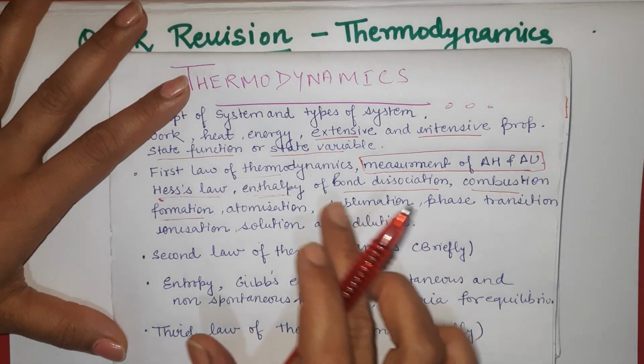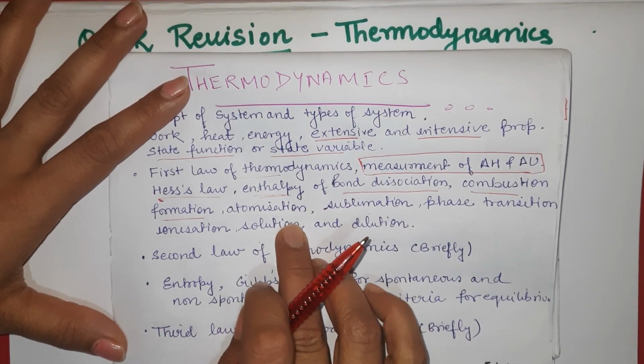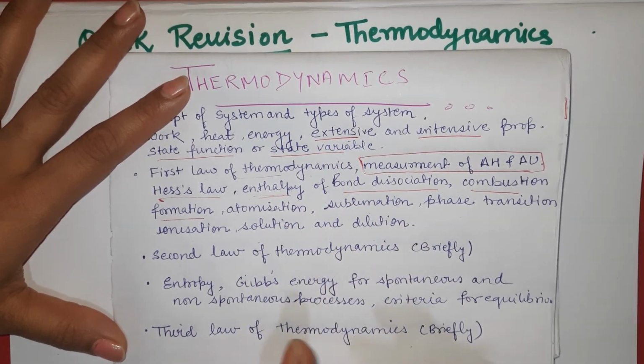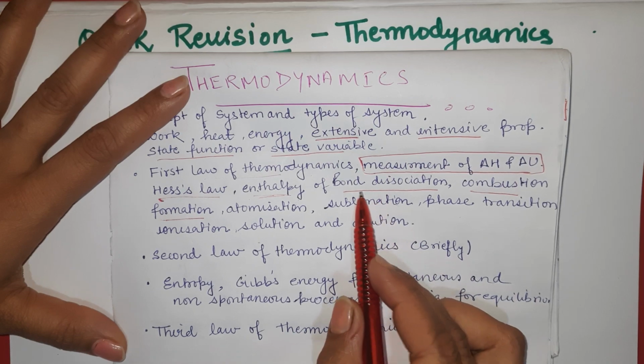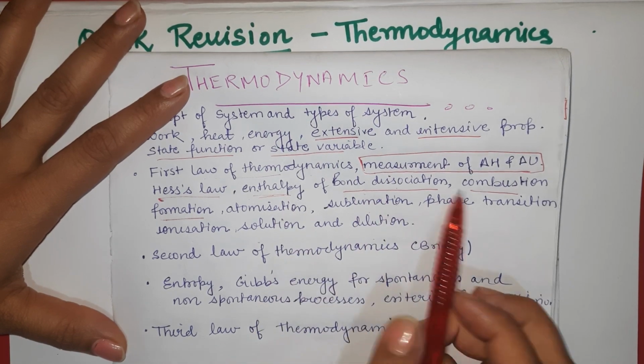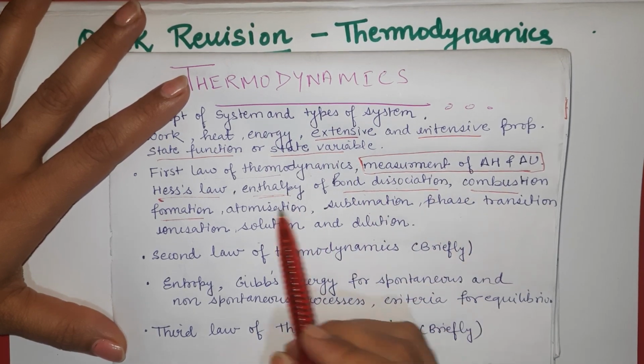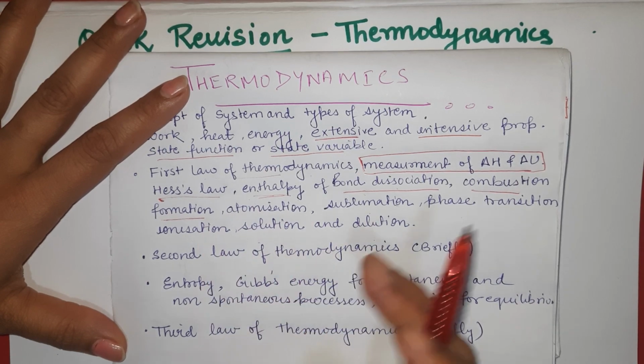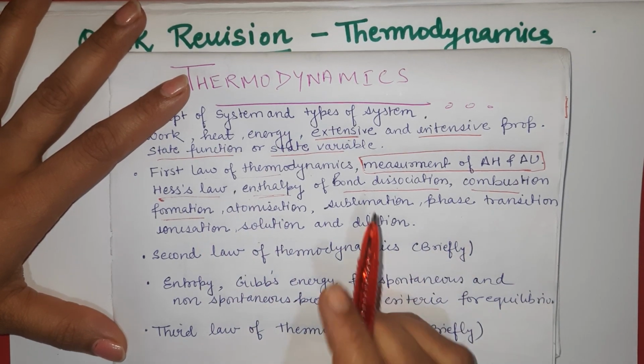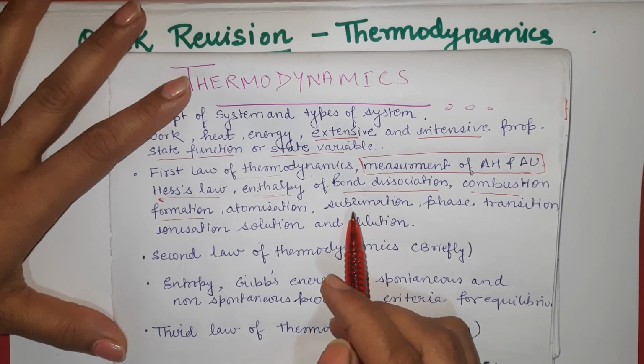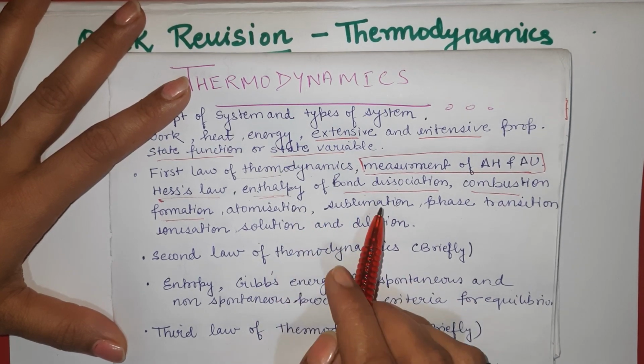Only this type of question can be asked from this topic. So you have to learn the definitions of bond dissociation enthalpy, enthalpy of combustion, enthalpy of formation. You have to learn the definition and any one example related to that topic.